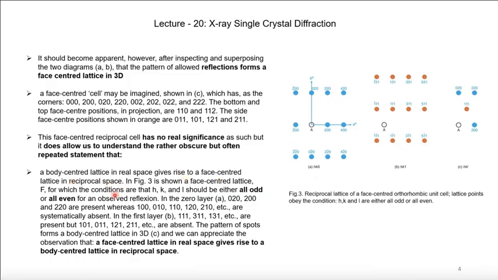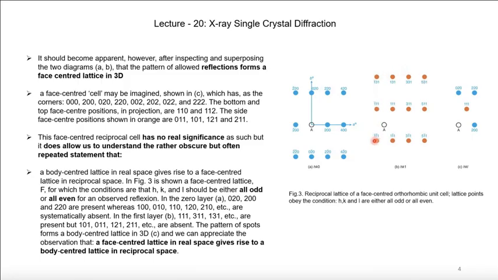In this figure, what we show is a face-centered lattice F for which the condition is that H, K, L are all even or all odd. Here you see it's all even. In HK0, you can see all reciprocal lattice points are all even. Here you will see that all are odd.